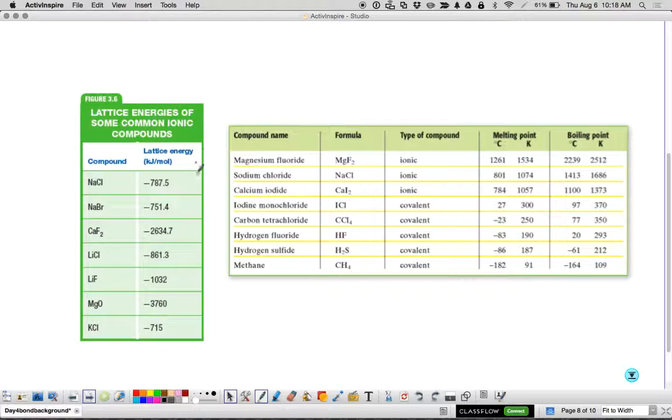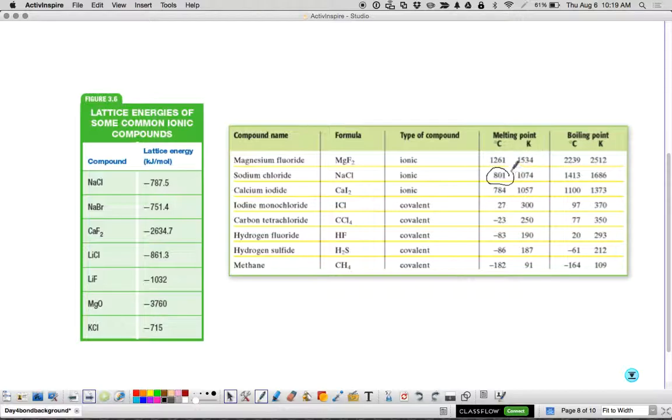And if I take this idea and I now compare melting point and boiling point for ionic compounds versus covalent compounds, now the difference becomes very clear, okay? So in order to melt, for instance, an ionic compound, you'd have to break up the lattice energy. All right, so you'd have to put in a bunch of energy, which means that ionic compounds have huge boiling points or melting points.